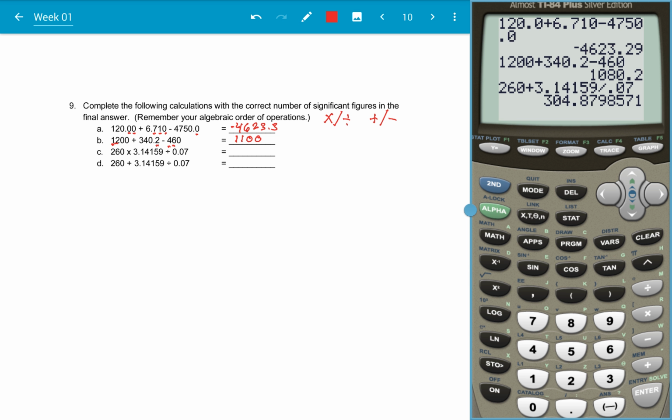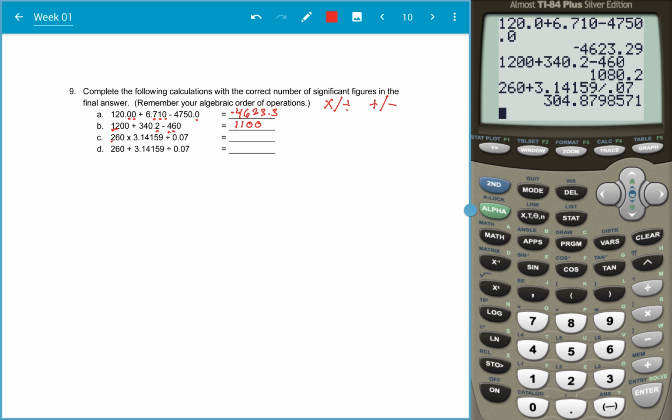But for multiplication and division, we want to go off the fewest total significant figures wherever they might fall in the number. So our first number, the 2 and the 6 are both significant. So we have 2 sig figs there. For the next one, every digit of that, all 6 of them, would be significant. But on the last one, it's only the 7 that's significant.